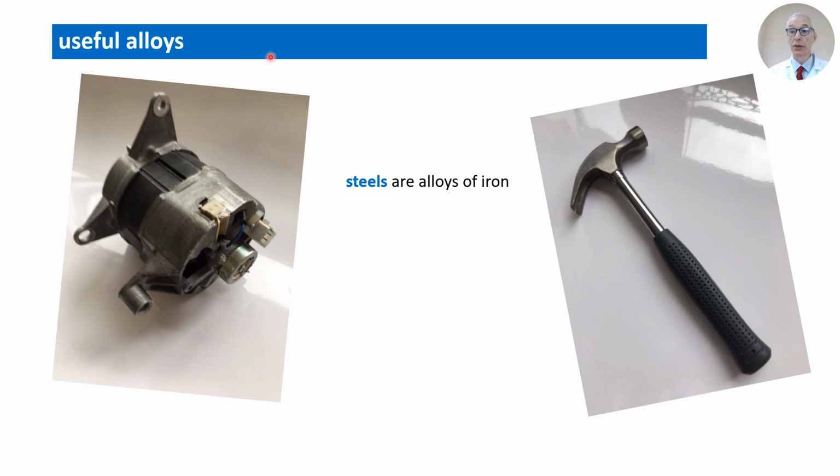Let's think about some useful alloys. The most used alloy is definitely an alloy of iron, steel, or steels. There are lots of different types of steel. Very useful to make machine parts and simple tools like hammers.